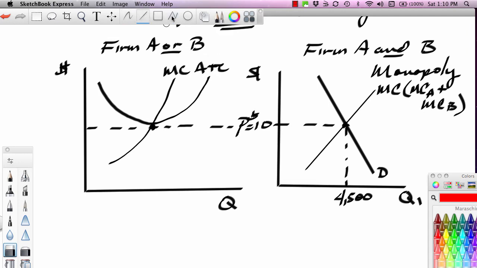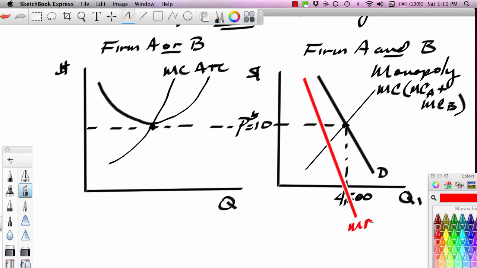Try again. So the monopoly is going to operate where? Where MR equals MC. And I can't believe I did that. Let's try again. A little technical difficulty here. Mr. Cipcic is trying to hurry and he's messing. There we go. Beautiful. So this is your MR curve.